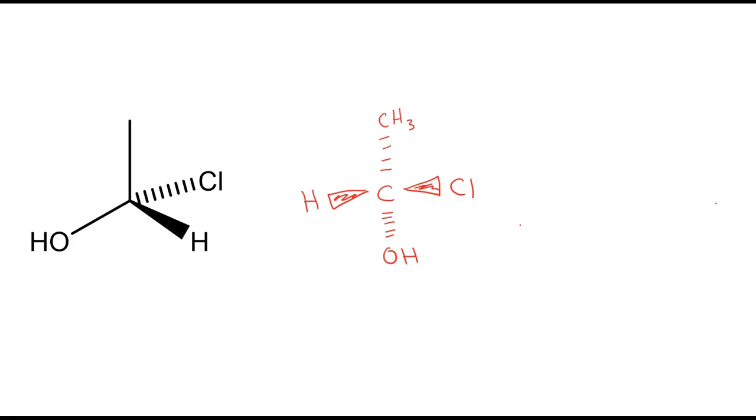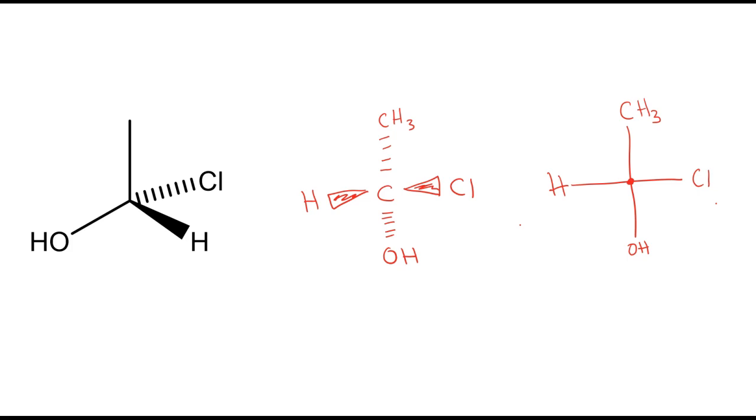In this Fischer projection, the lines of intersection is where the central carbon is. The vertical lines are used for the bonds that are going away from us, which is the methyl and the hydroxide in this example. The horizontal lines are used to indicate the bonds that are coming towards us. So we would have the hydrogen on the left and the chlorine on the right.